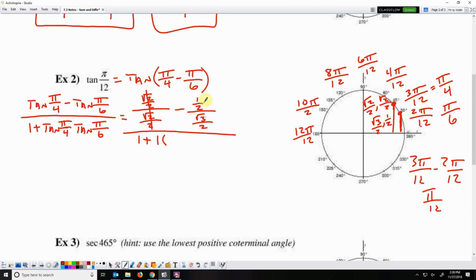Then the simplified form here: if I do an outer loop, I'm going to get 2. And an inner loop, I'm going to get 2 root 3, which is 1 over root 3, simplifying those. If I multiply top and bottom both by root 3, I'm going to get root 3 over 3.